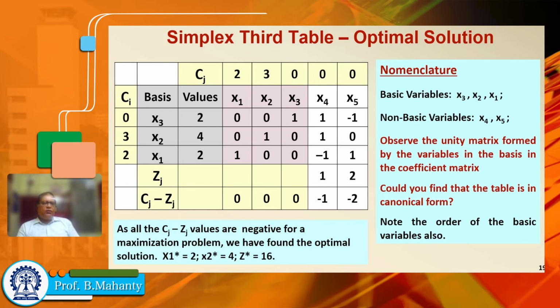Therefore this table already shows the optimum solution. So the simplex third table is our optimum table, and the value is x1 equal to 2 and x2 equal to 4, and therefore z should be equal to 16 because the objective function is 2x1 plus 3x2. So 2 into 2, 4 into 3. So z star will be 16. Yes or not?